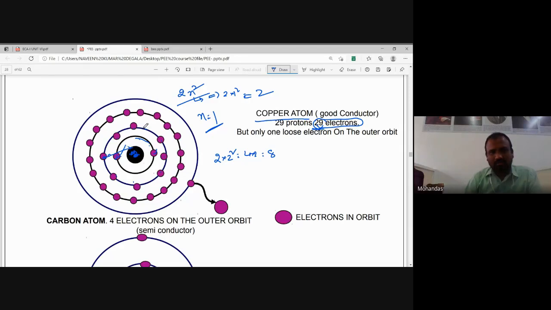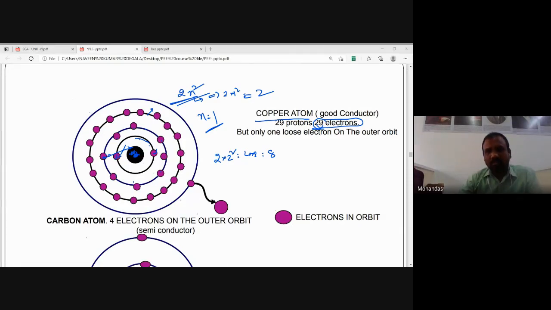And suppose you take a third orbit, then according to the formula, how many electrons should be there in the third orbit? Please, anyone? You use that. 18. Very good. 18 electrons.